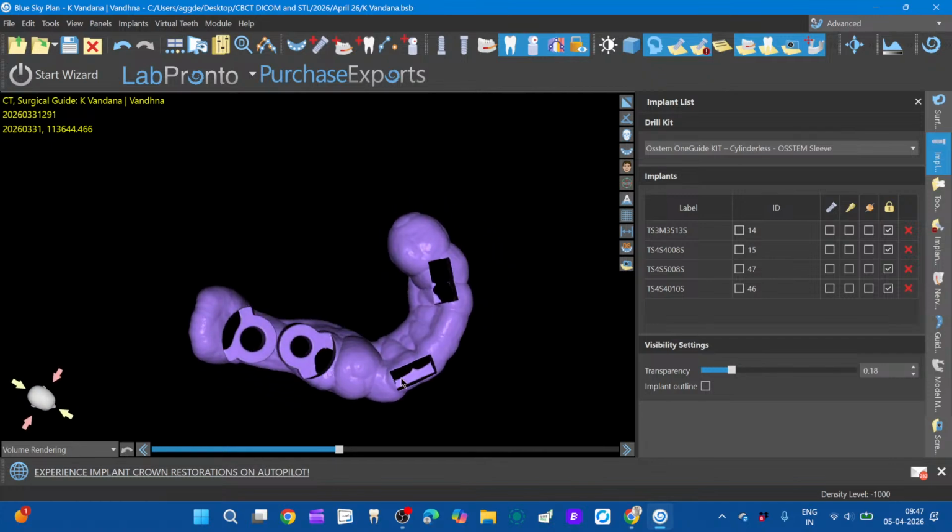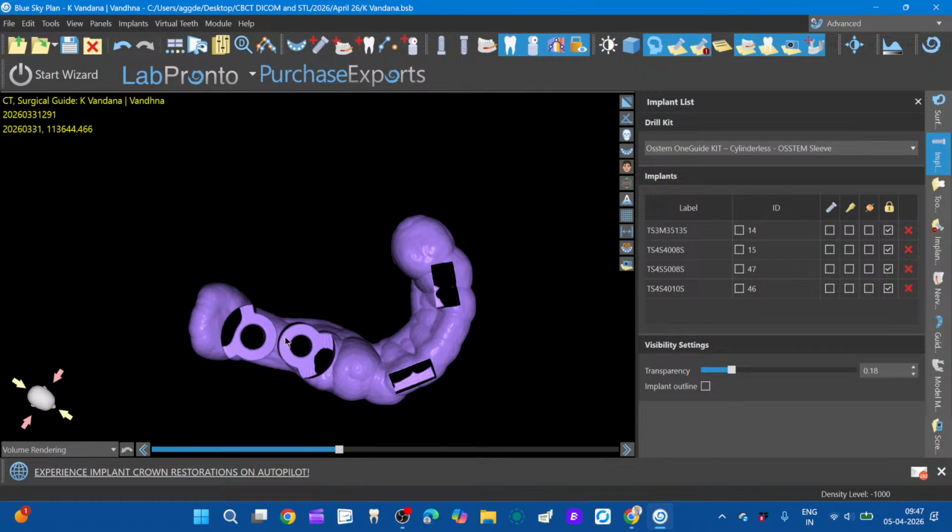Okay, so now you see this guide is having two guide holes. So this one is for an implant of 4 into 10, and this is for an implant of 5 into 8.5. So length doesn't matter, the diameter does.